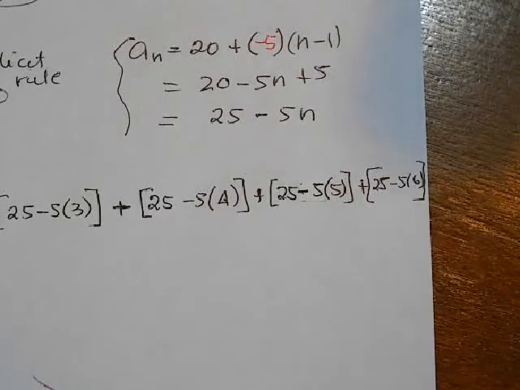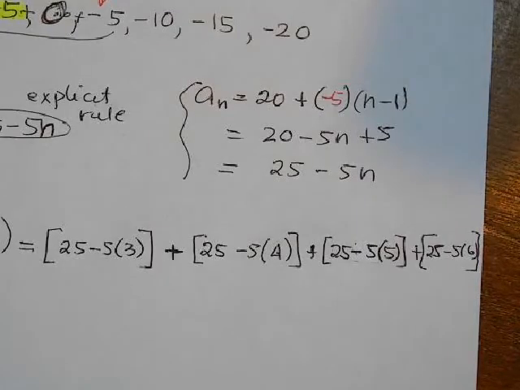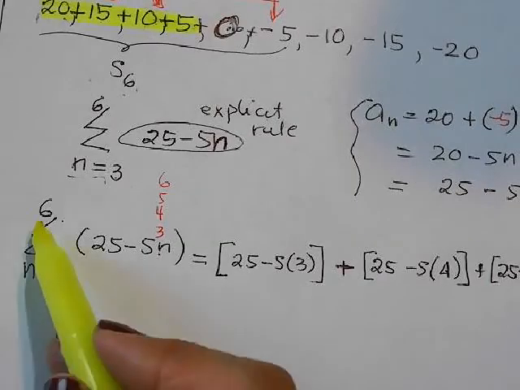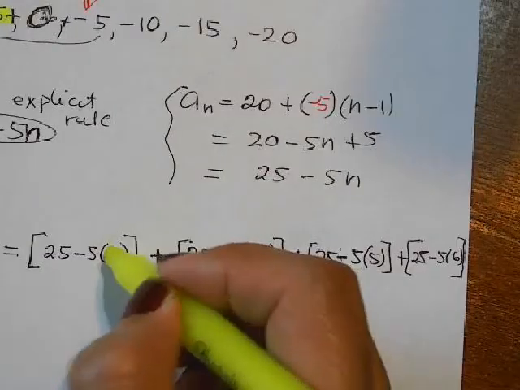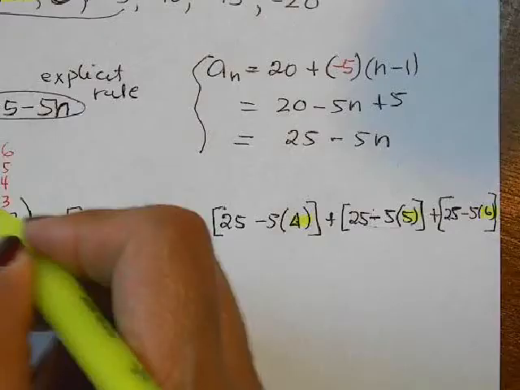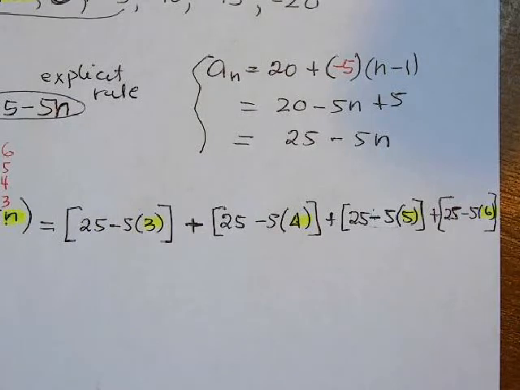Okay, so you see, we are substituting the numbers 3, 4, 5, 6 from the lower limit up to 6. We're substituting that to n. And then you calculate, then you add.